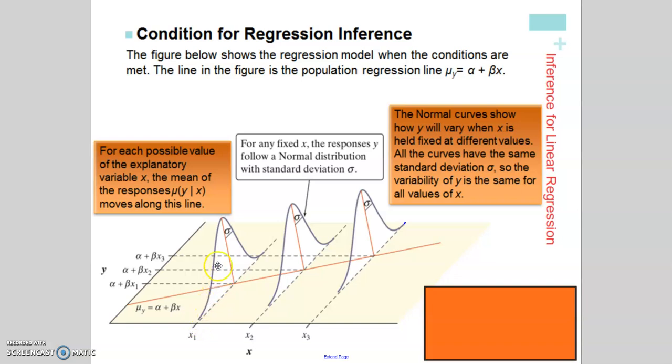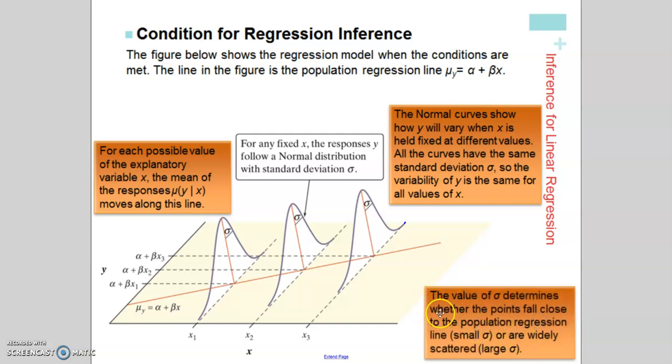The idea here is that they will be spread around that middle according to a normal distribution. So most will be close to the line and then fewer the farther away you go. And also, all of these curves have the same standard deviation no matter which value you pick for x. That's the equal variance: there's equal spread for any place on this line, for any fixed value of x.